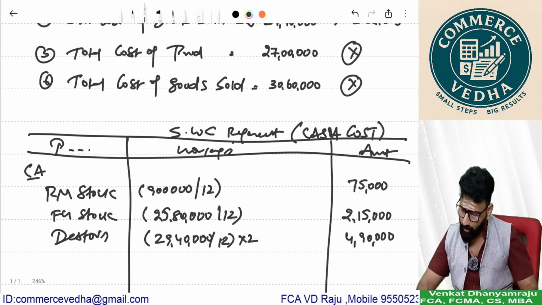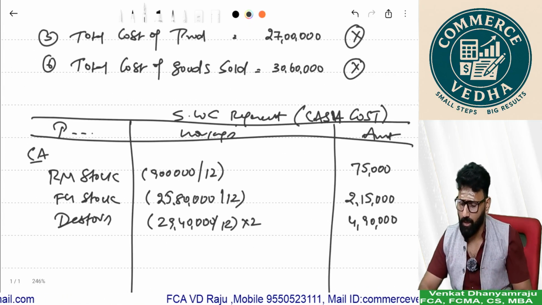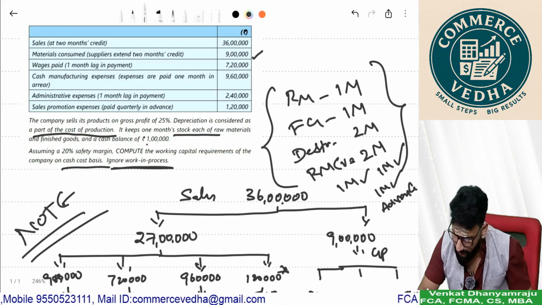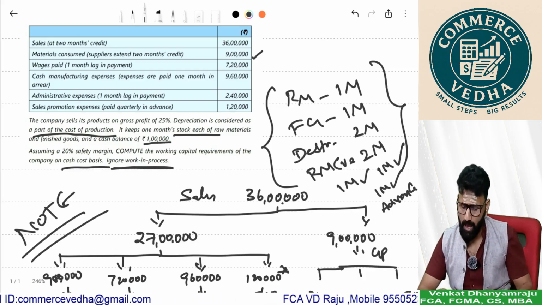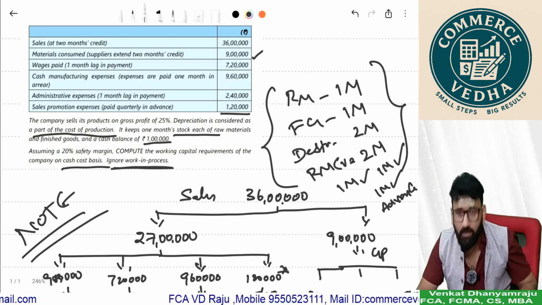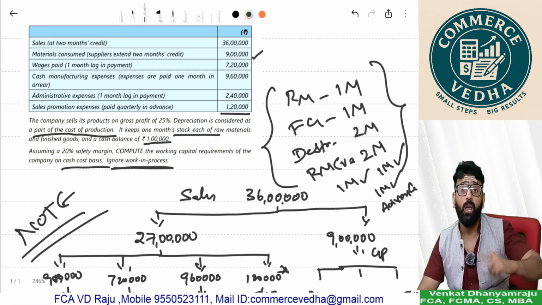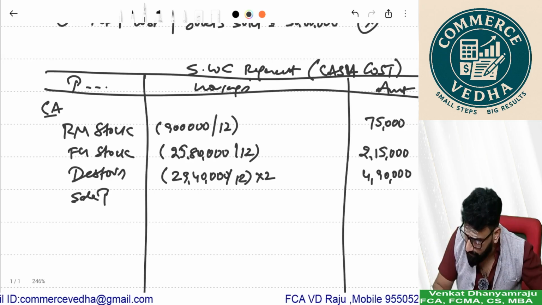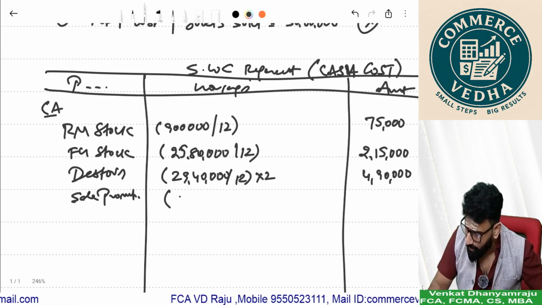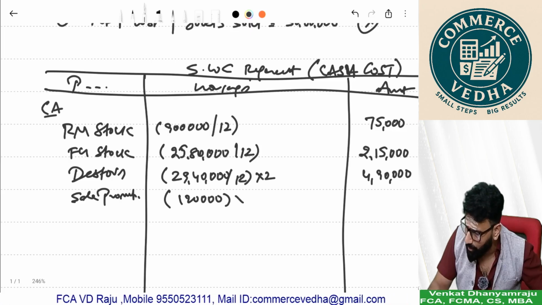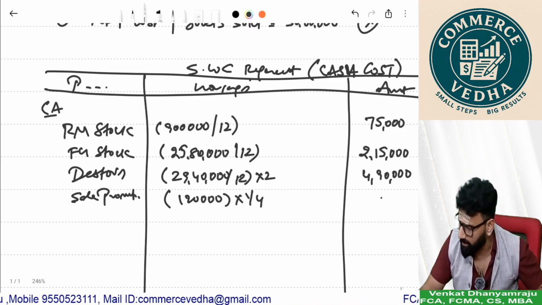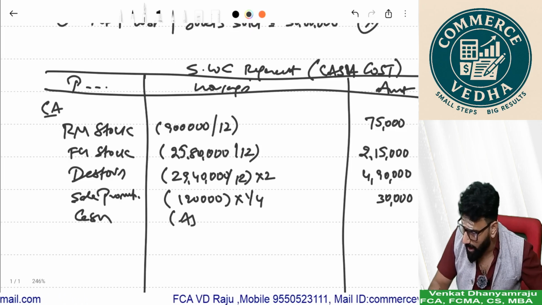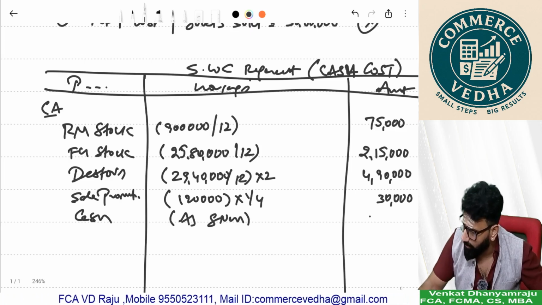Right. Now coming back to after debtors, is any cash requirement given in the question? Yes. The company wants a cash balance of 1 lakh and sales promotion paid quarterly in advance. Overall 1,20,000, quarterly in advance, prepaid expenses. So sales promotion 1,20,000, you pay 1 quarter, which is 30,000, and cash requirement as given, 1 lakh.